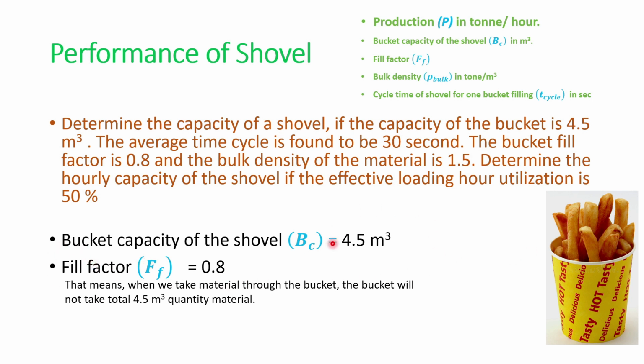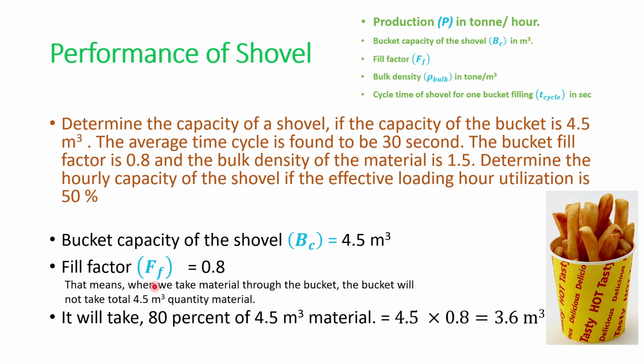So if you are handling iron ore, coal or any other material, while you take that material, it will not completely fill up the bucket capacity. There will be some fill factor. It will fill 80% or 70% or 60%.